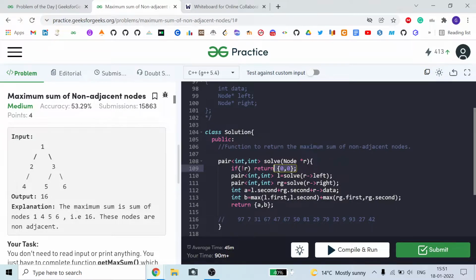Else, in its first index it will store the sum we can get if we add the value of this particular root node, and the second int of this pair will store the maximum sum we can get if we ignore the value of this particular root node.